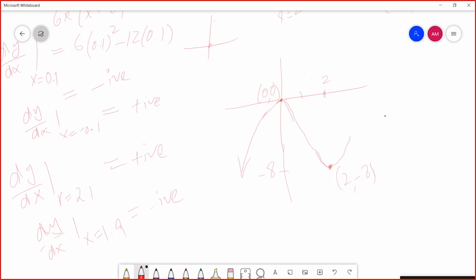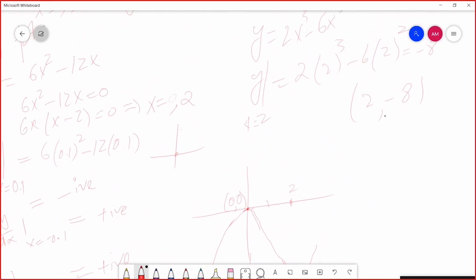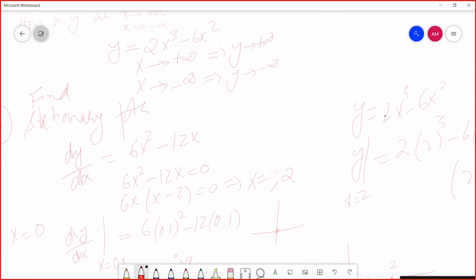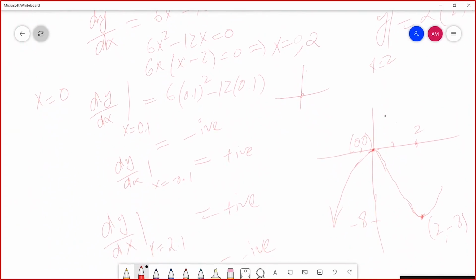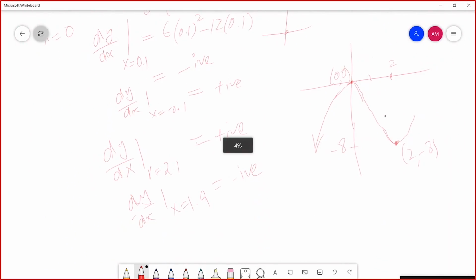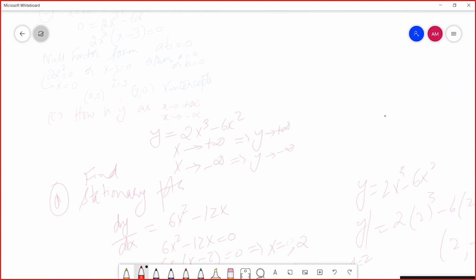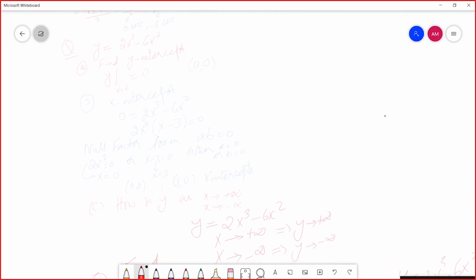We had already found two x-intercepts earlier, at 0, 0 and 3, 0.